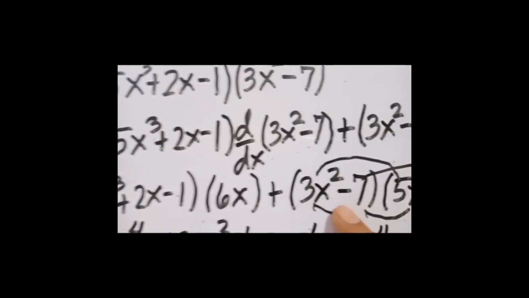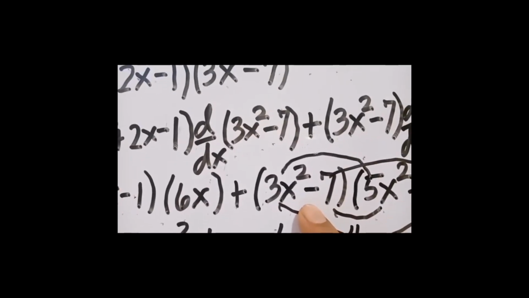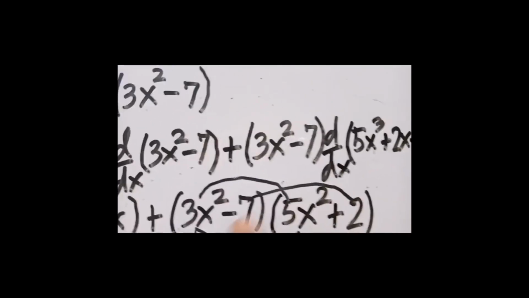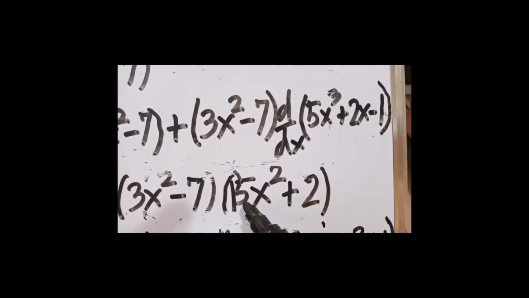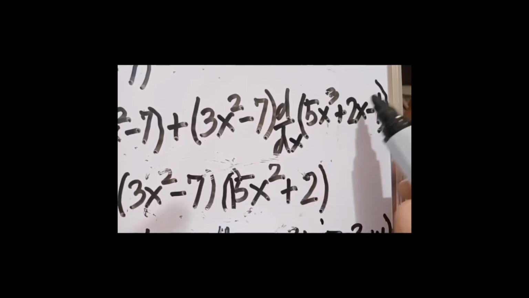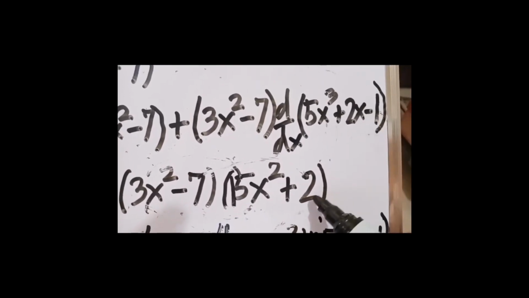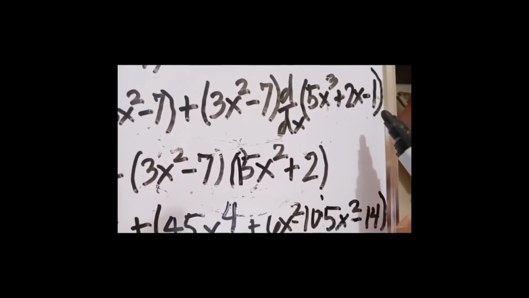Plus, nire-write ulit yung second function. Kinuha naman natin ang the derivatives of 5x cubed is 15x squared. Then, the derivatives of 2x is 2 and negative 1, that is 0.